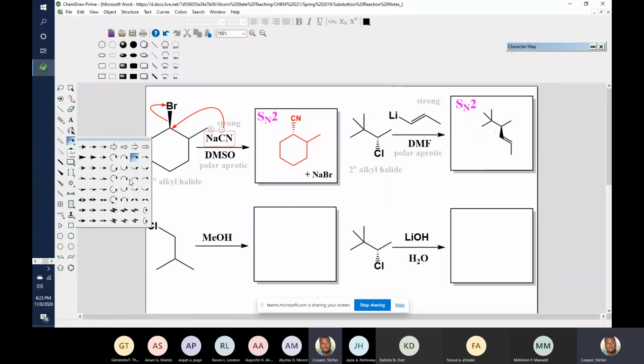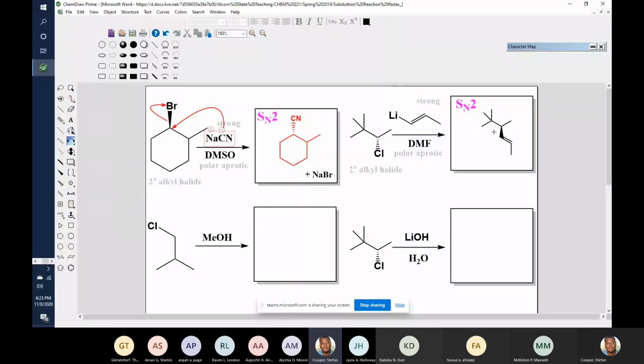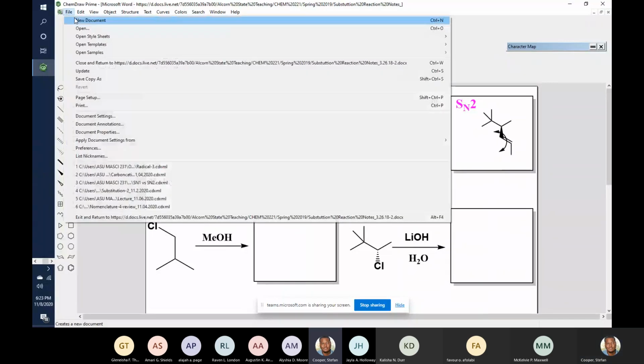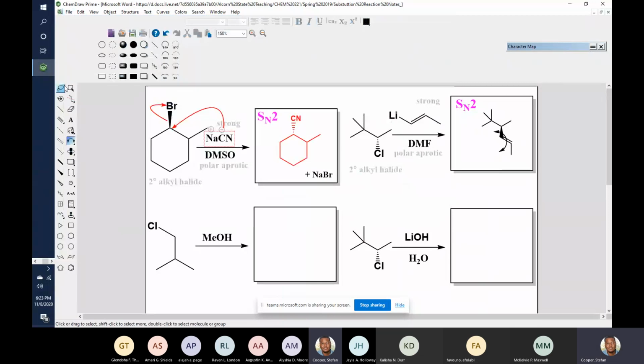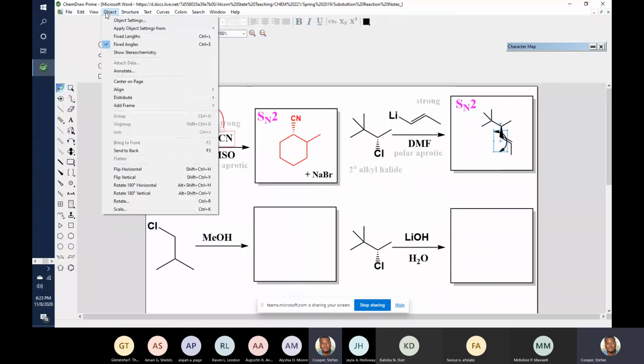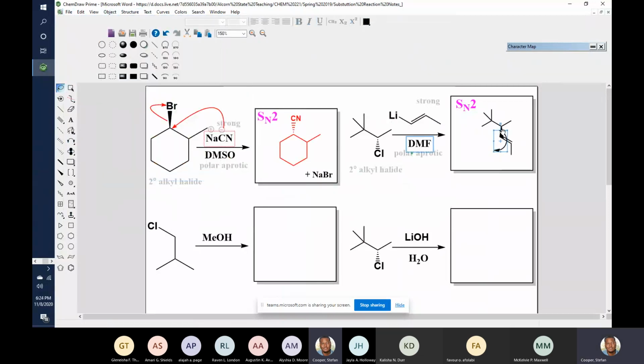That's one of the things I wanted you to look at here. Just remember that these two groups have to be trans. But good.